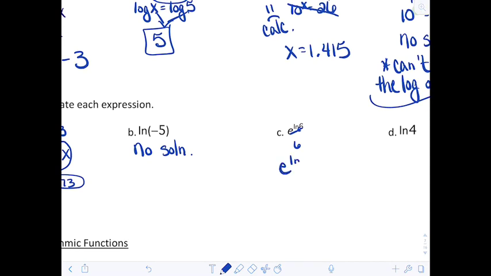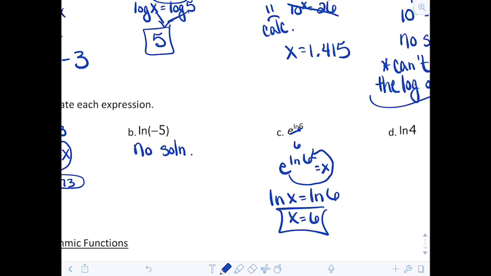In C, e to the natural log of 6, if we wrote this exponential as a logarithm, we would have natural log base e of x equals the natural log base e of 6. And so again, x would have to be 6.